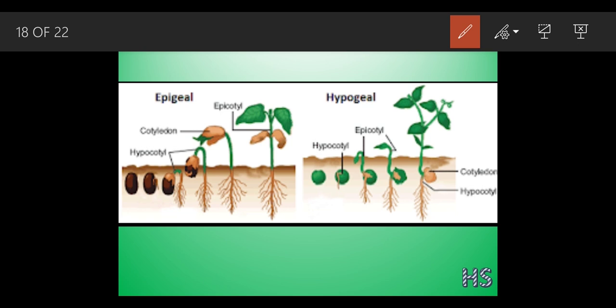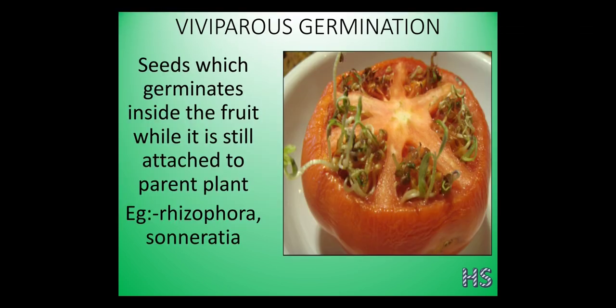Now, viviparous germination. This is the third type of germination. We have already completed these two types of germination, that is the hypogeal and epigeal. Now we are going to learn about this viviparous germination. This is a very special kind of germination.